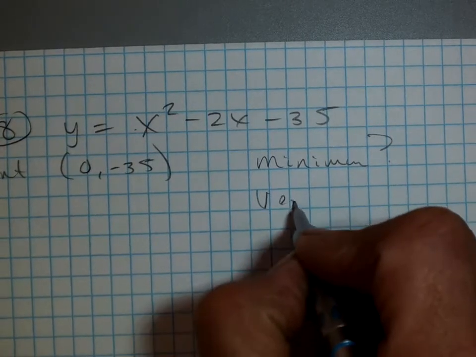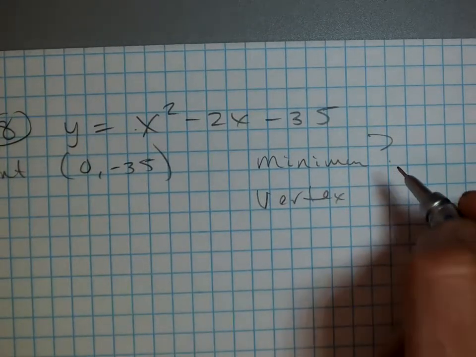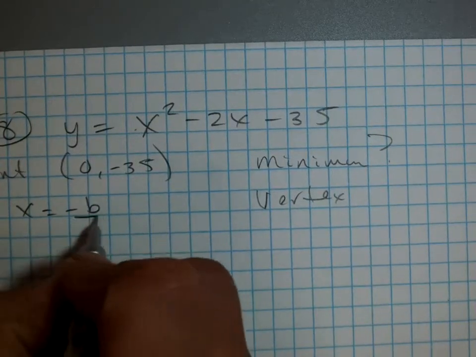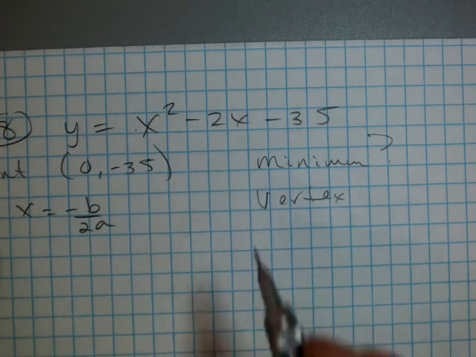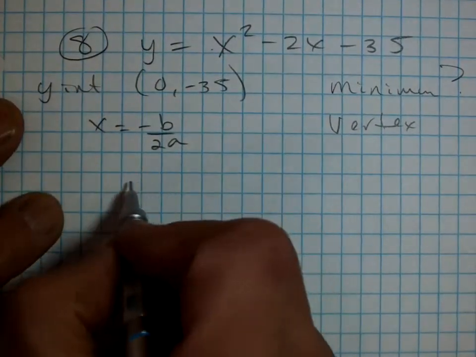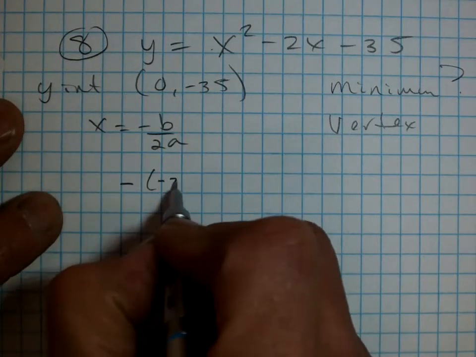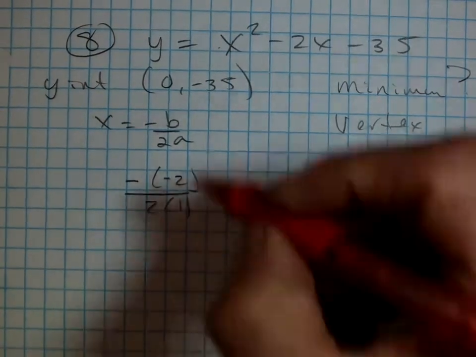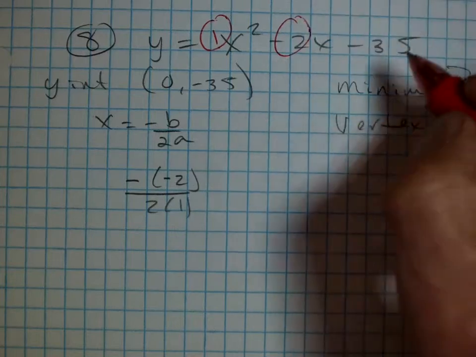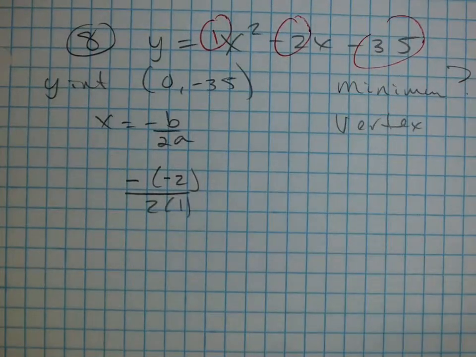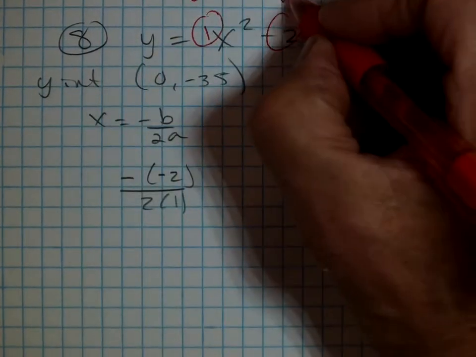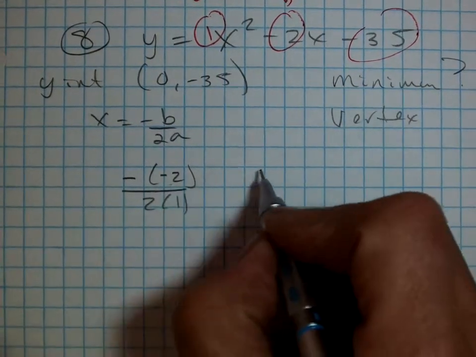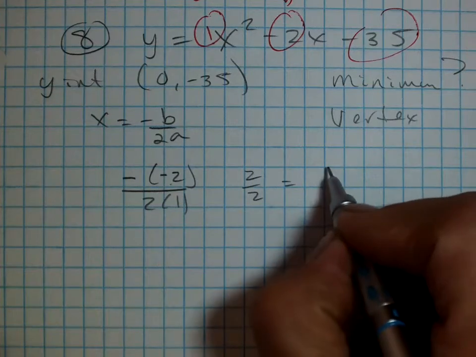That makes sense? Right? So how do we find a vertex? Well, we could use the calculator. I'll show it on the calculator. Vertex form, or we can use x equals negative b over 2a, right? We're going to have a negative negative 2 over 2 times 1 because a is 1, b is negative 2, and c is negative 35. So I'll get 2 over 2, which is 1.